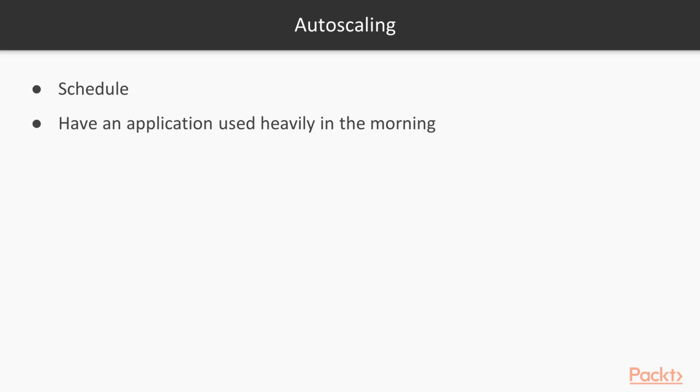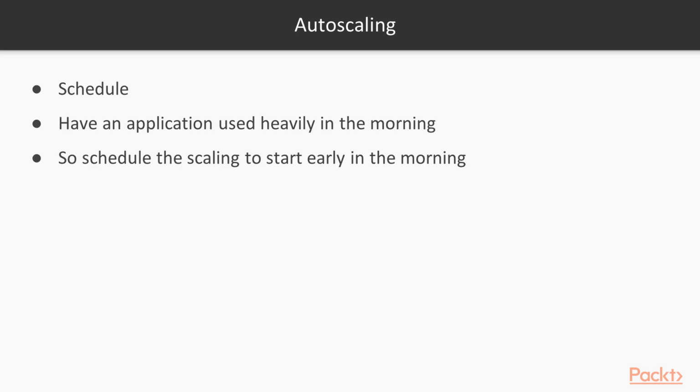Now, as soon as they log in to their systems in the morning, that is when the system would get the highest number of hits, because all of your employees in the morning are logging on to the system and seeing all the important calls which they need to attend. So during the early part of the morning, you can always expect a high amount of traffic on that application.